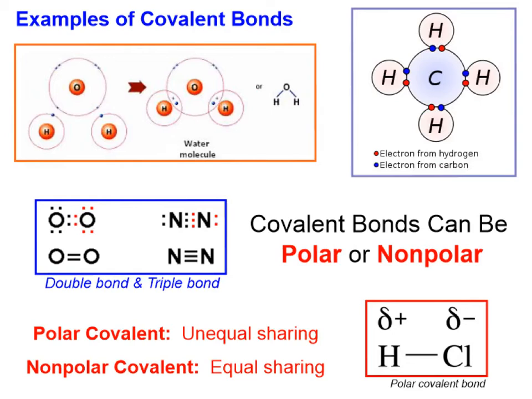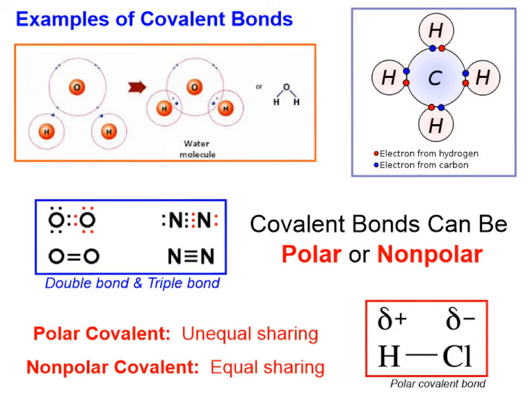But if we look at the case of, say, hydrochloric acid or hydrogen chloride, chlorine really has a stronger pull of those electrons. It wants the electrons more than hydrogen wants them. And so we indicated that this means slightly negative.